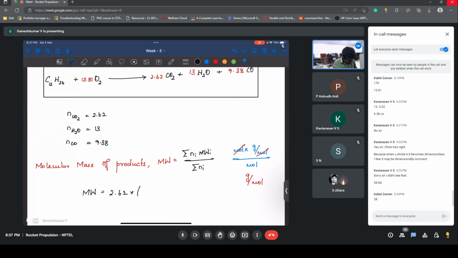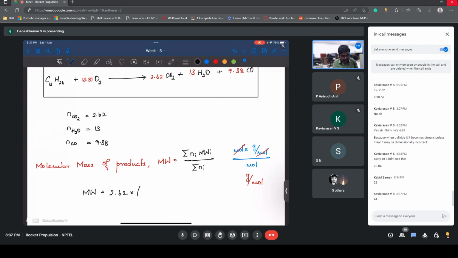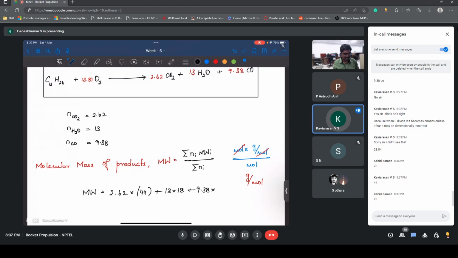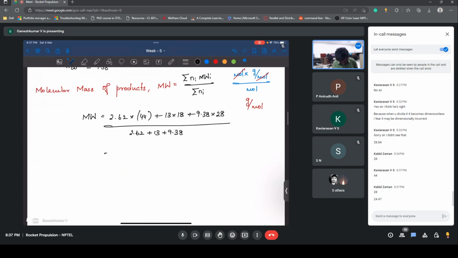O2 is 32 plus 12, that's 44. Then 13 times H2O, 18, plus 9.38 times CO, 12 plus 16, that's 28, divided by 2.62 plus 13 plus 9.38. How much is the molecular weight coming?